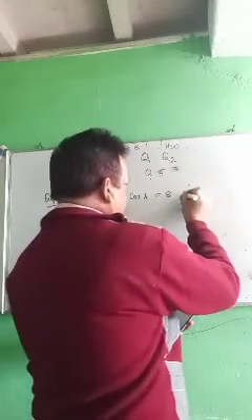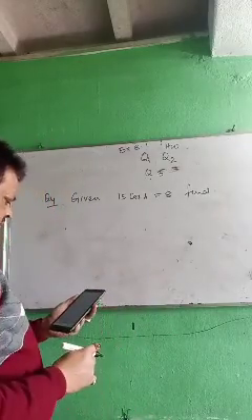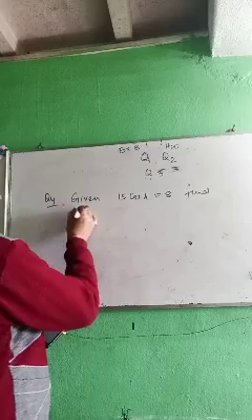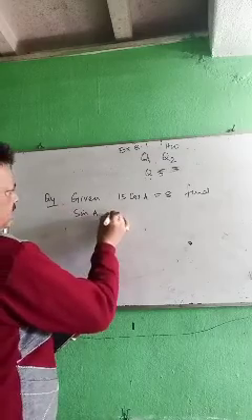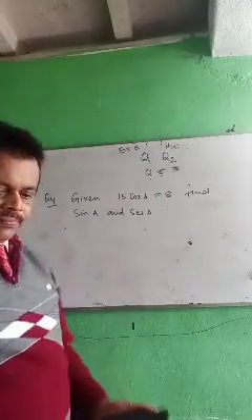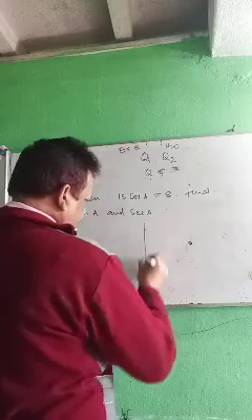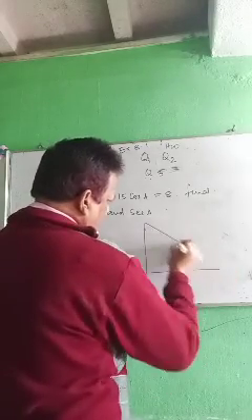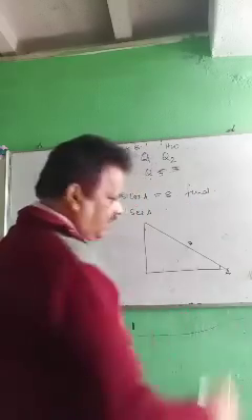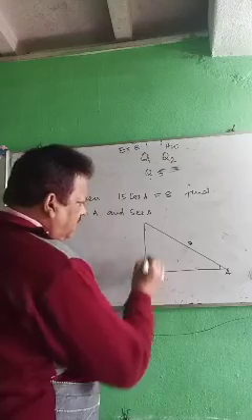Find sin A and sec A. Okay. Pattern is a little bit changed. Look here. Suppose this is your A angle. A is given. So suppose this is B, this is C.